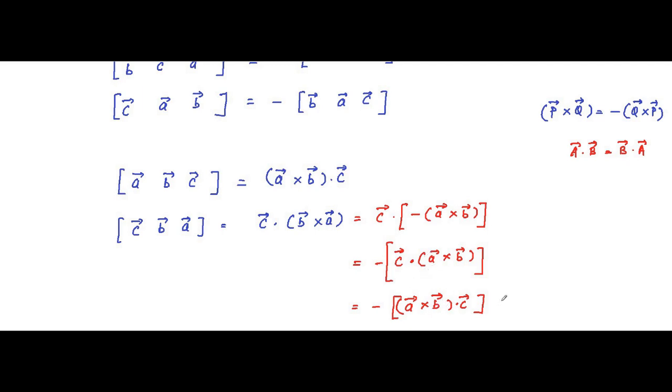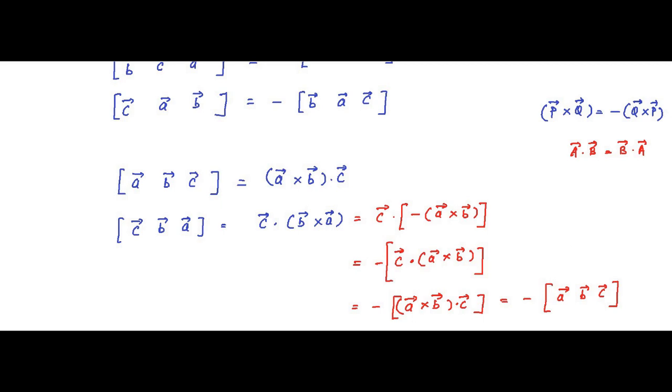Now this is nothing but minus of the scalar triple product of A vector, B vector and C vector in the order mentioned, first A, then B, then C. So we have proved that the triple product of C vector, B vector, A vector is equal to minus of A vector, B vector, C vector. So when the cyclic order of the vectors is reversed, the magnitude stays the same but the sign is negative.